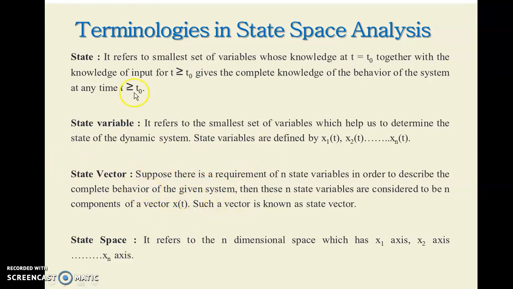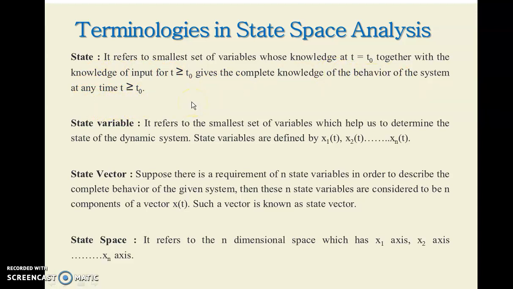So if we try to combine these three definitions together, it goes like there is a state vector whose elements are state variables like x1, x2, xn and so on, and if we know the value of these state variables with the help of the values of input, we can get the behavior of the system at any time.